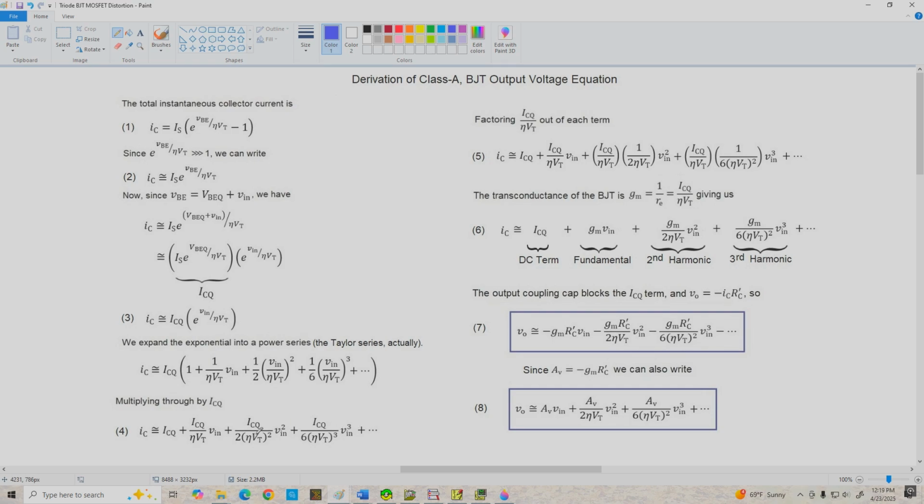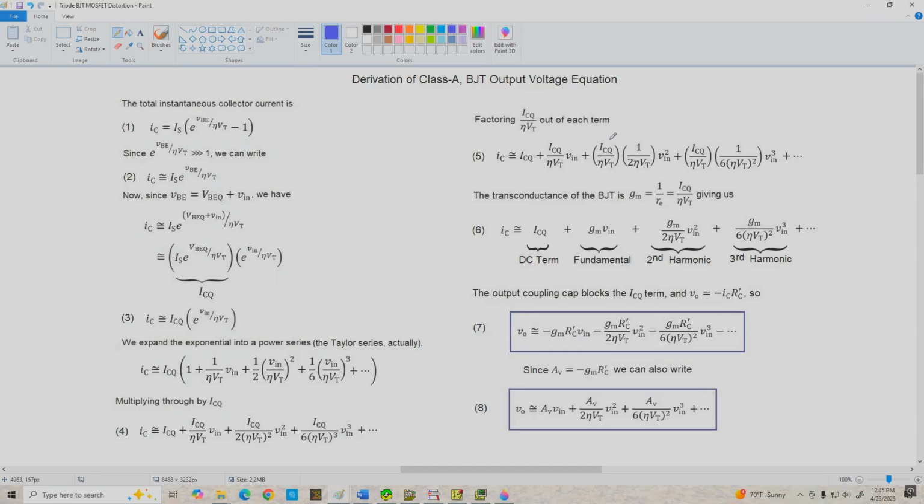But again, in this case, because we're trying to figure out exactly what's going on in the output, we're going to keep these terms. And if we factor out ICQ over A to VT from each of the terms, we get equation 5. Now, this is even uglier and scarier looking than equation 4, but it's kind of convenient because it did isolate this ICQ over A to VT factor.